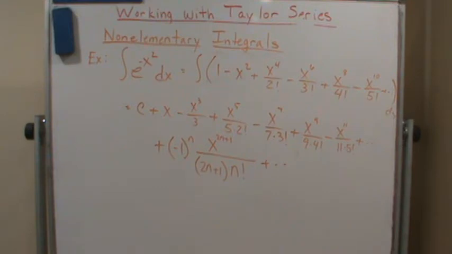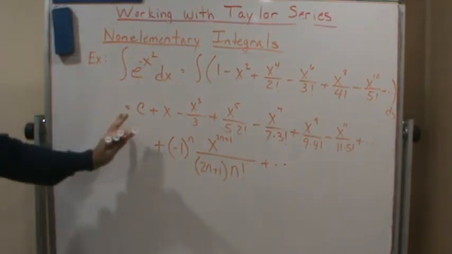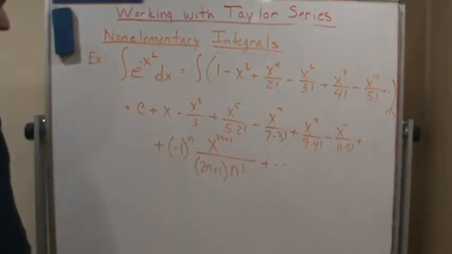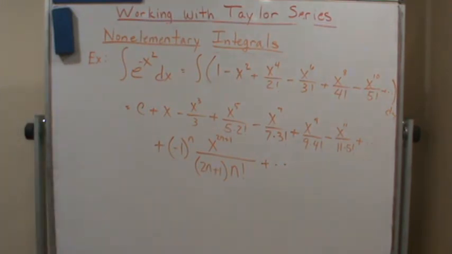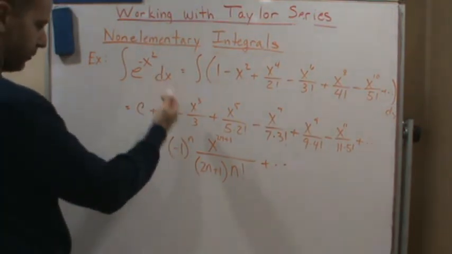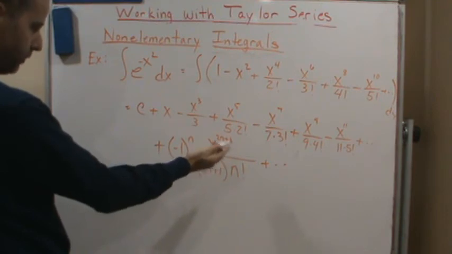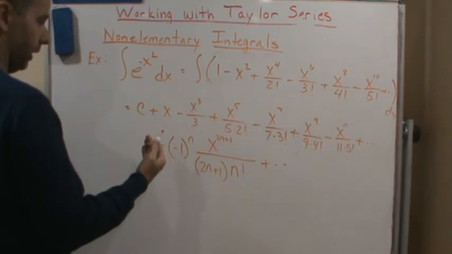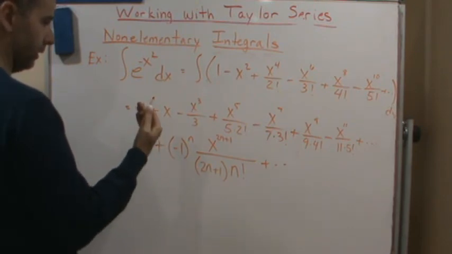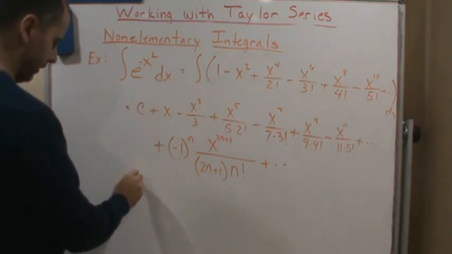So now here's the thing that we want to do. That's the first part. We found the series representation. Now what we're going to do is find the definite integral. Now that we've got the power series representation, the Maclaurin series representation here, let's find this.